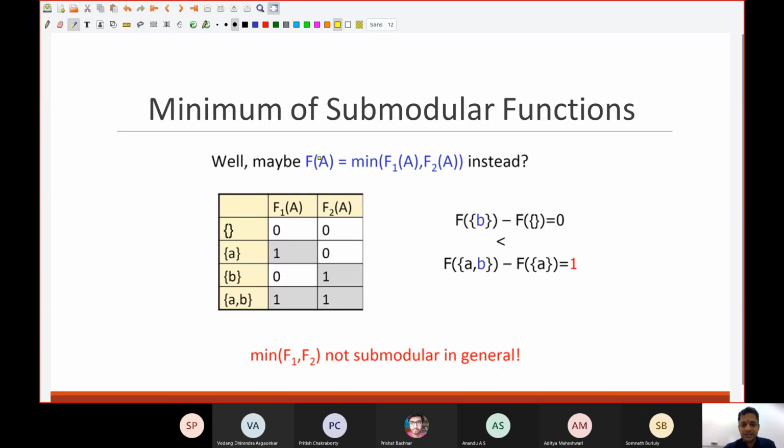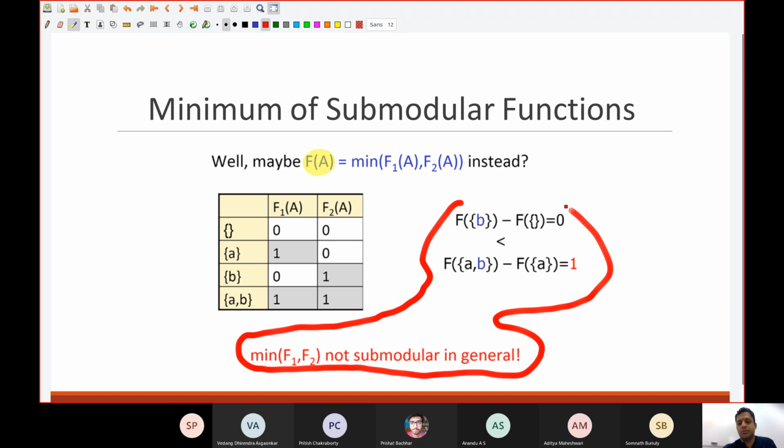What is f? f is this minimum. So this is less than, right? This is not showing diminishing returns. So this counterexample is good enough to show, it's a proof, that it's not submodular, or there exist cases when it's not submodular.